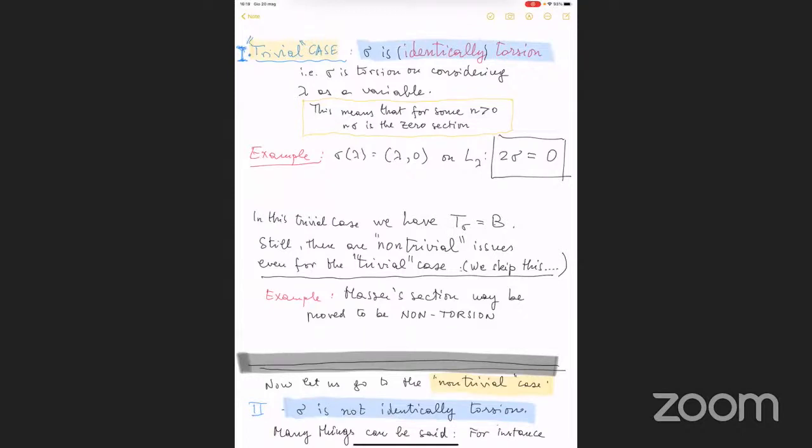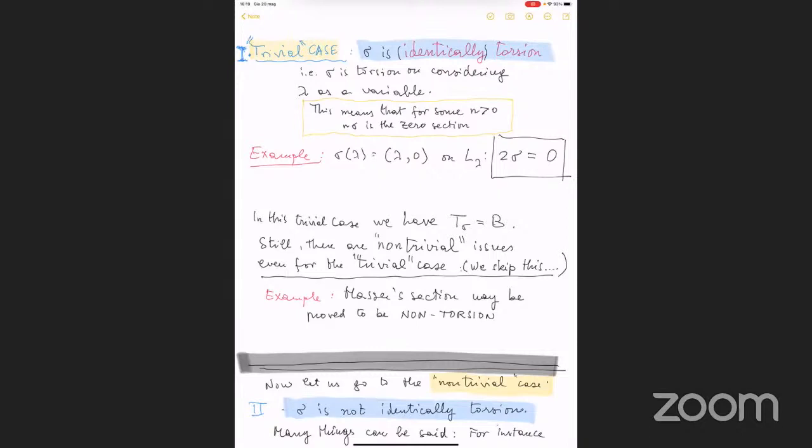As I wrote here, still there are some non-trivial issues in this trivial case. For instance, if we are given a section, how to prove that it is torsion or non-torsion? This is not an entirely trivial issue, but I skipped this for today's talk.